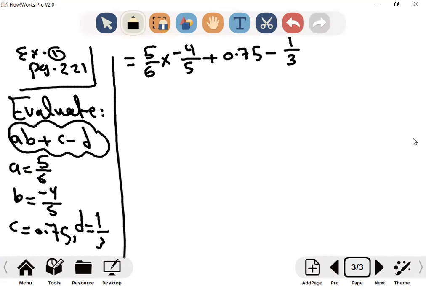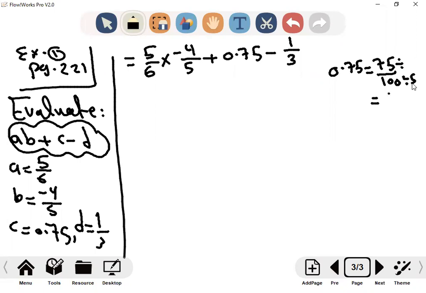Now, notice that all of them are fractions except 0.75. Turn it to a fraction. So I will take this 0.75. It is 75 over 100. Simplify it. Divide both up and down by 5: 15 over 20. Then divide by 5 again.